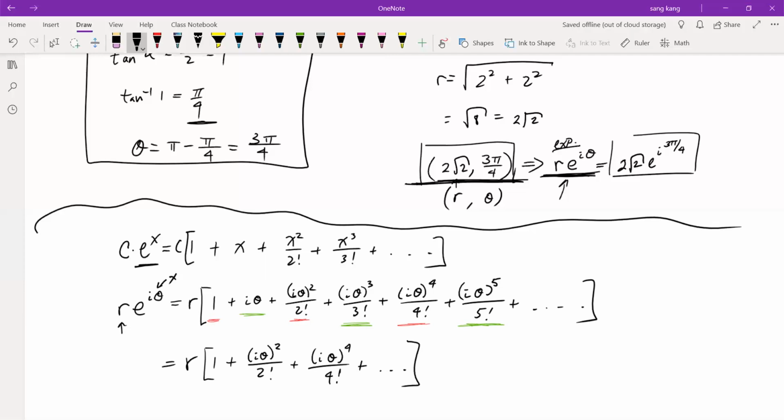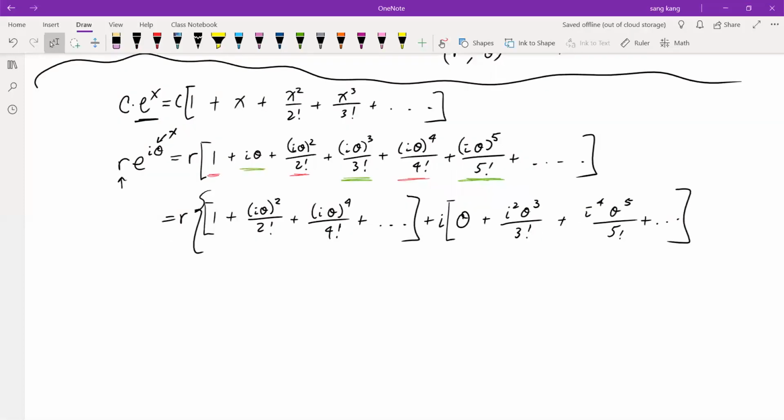And then the second grouping: I can factor out an i in front of all the ones in green. So i times theta plus i squared theta cubed over 3 factorial plus i to the fourth theta to the fifth over 5 factorial plus, right?